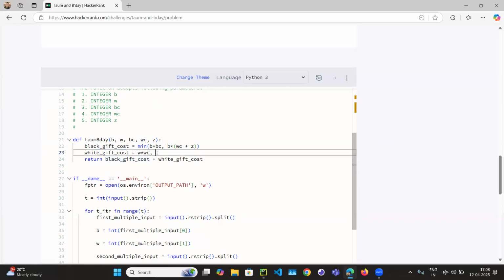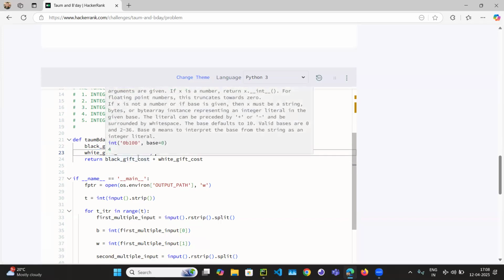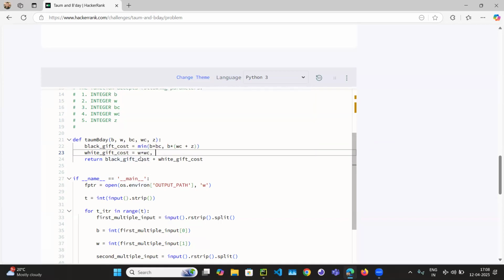Similarly, for the white one, you have two options. Either purchase the number of white boxes, or convert white to the black boxes. Let's suppose W is 4 units. You go to the shopkeeper and ask, can you convert these four white boxes to four black boxes?